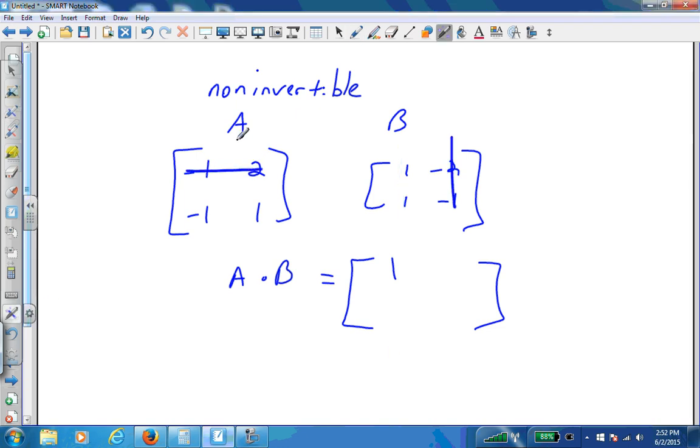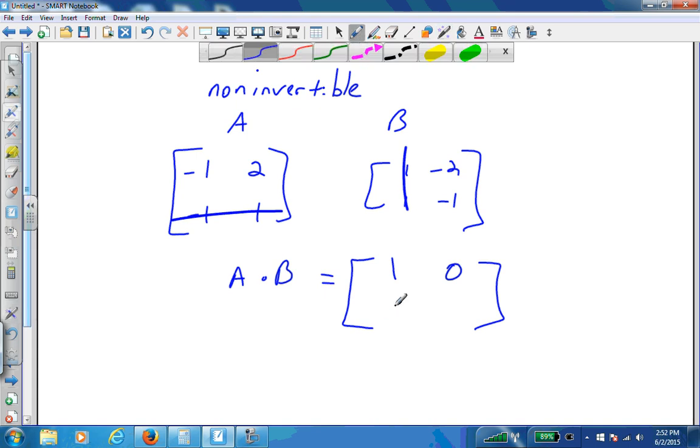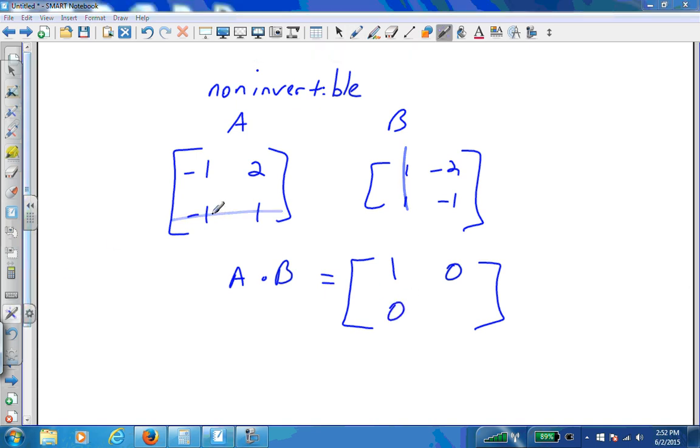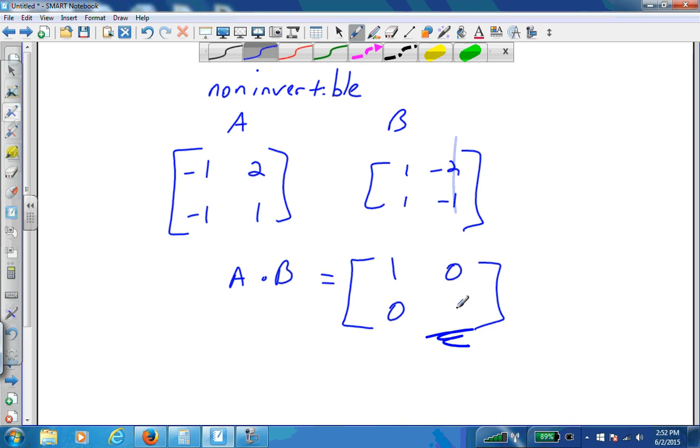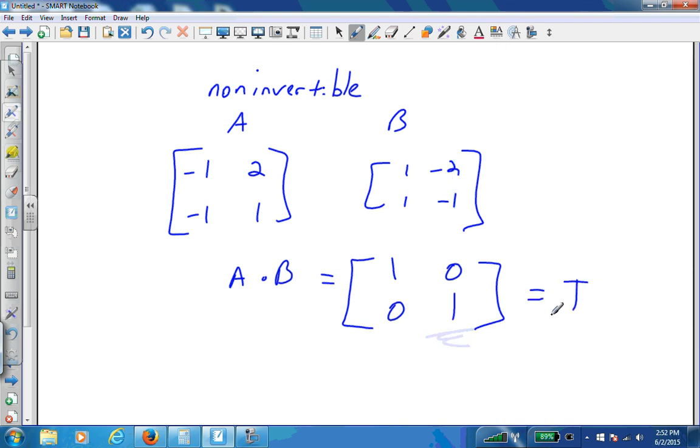Row and column, 2 minus 2 is 0. Row and column, -1 plus 1 is 0. Row 2, column 2 will give us this entry, so 2 minus 1 is 1, and that's an identity matrix. It's a 2 by 2 identity matrix.